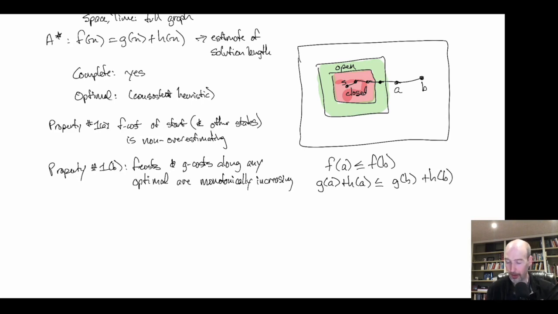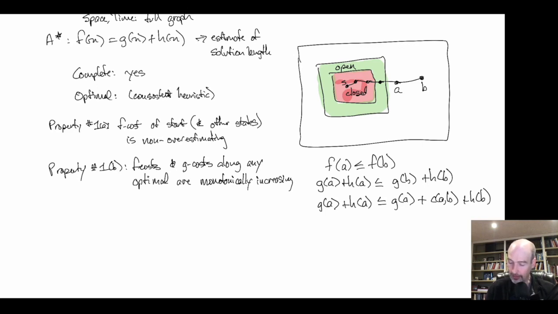Okay, so far so good, not much to say there. But what we can do is note that the cost of B here actually is the entire path, which is the cost to get to A plus the cost to get to B. This is the point where we're assuming that actually we're on the optimal path to B. So G of A plus H of A is less than or equal to, turning B into the G of A plus the cost to go from A to B, plus H of B. Okay, so that's what we want.